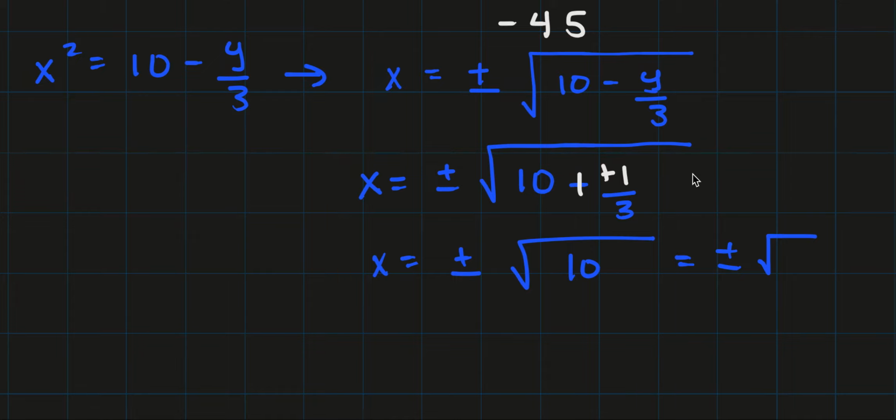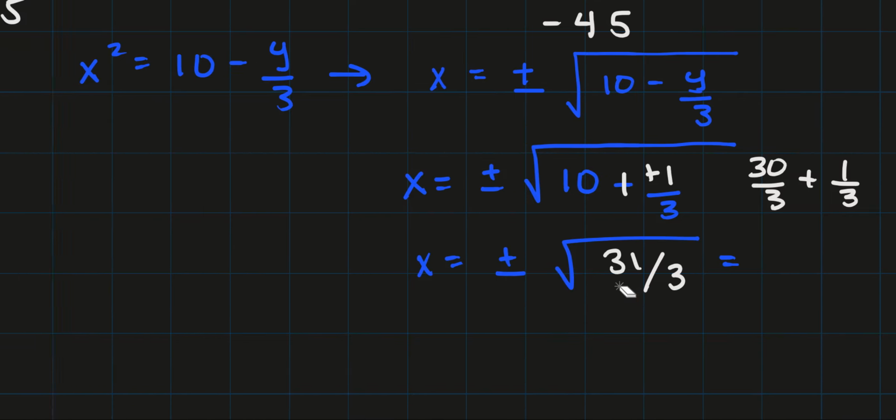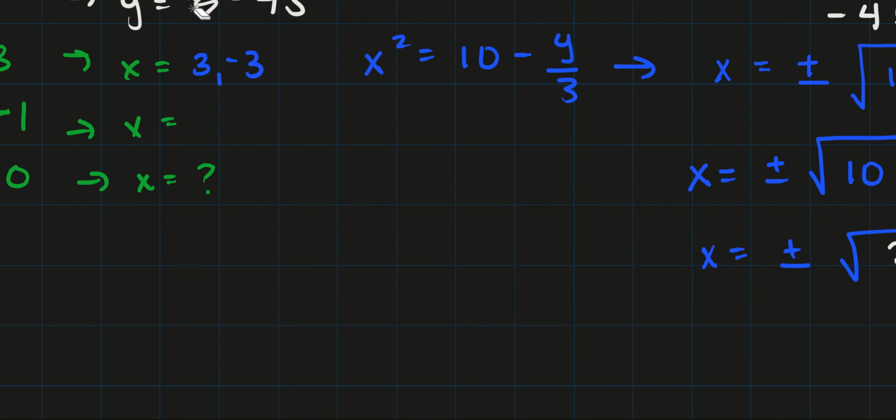And 10 is the same thing as 30/3. And then we're going to add these two fractions. So 30/3 plus 1/3, that's 31/3. And I'm actually just going to leave it like this for the moment. So this is our answer. X can be a positive root 31/3 or a negative root 31/3.